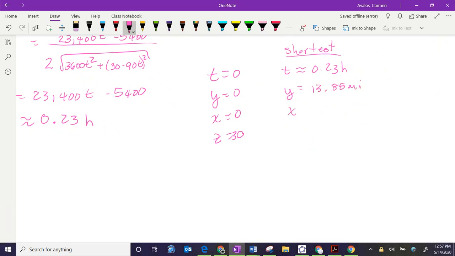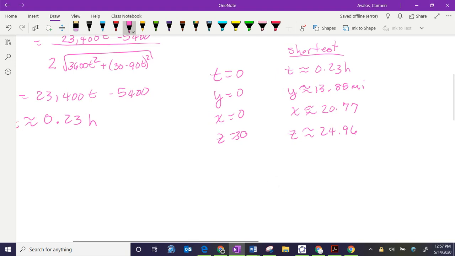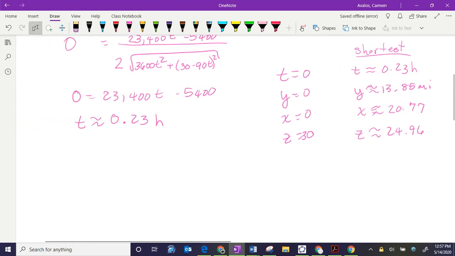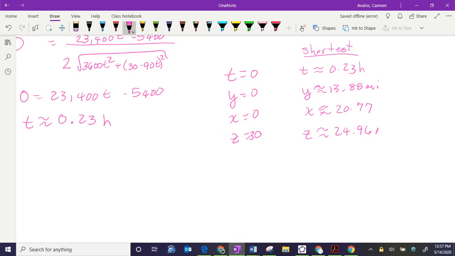X is going to be, and this is all approximately, 20.77. And then when z is equal to 30, we're going to get that z is approximately 24.96. So when I go back and put those values in, I am going to get that to be there. So this is the time there, 24.6 miles is what we have.